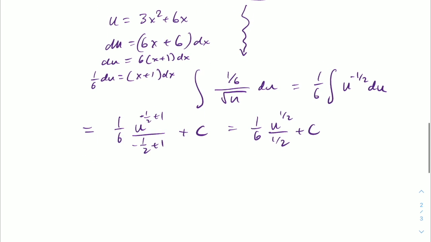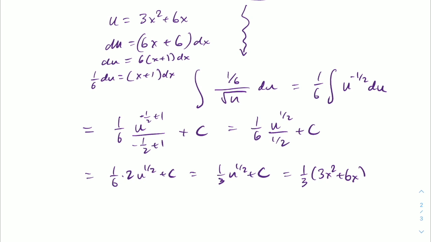And then dividing by a half is the same as multiplying by the reciprocal, flipping the 1/2, and I'll get 2 times 1/6 u to the 1/2 plus c, which is 1/3 u to the 1/2 plus c. And then we back substitute our x for u, and we'll get 1/3 times 3x squared plus 6x to the 1/2 plus c.